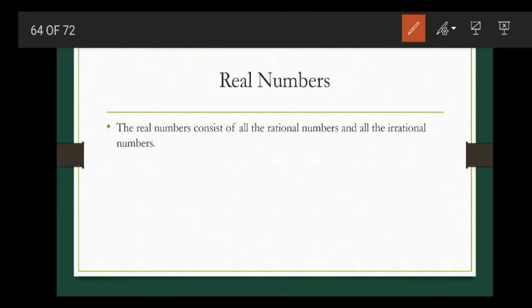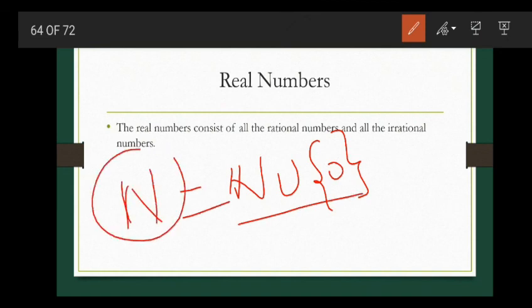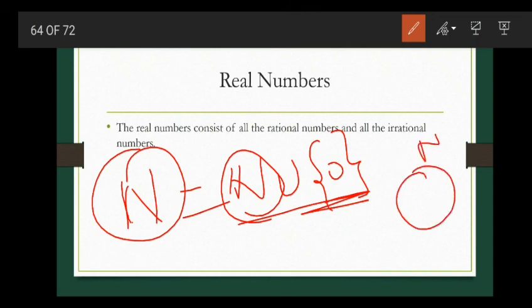All these are natural numbers, and we'll represent them by N. When you union the singleton 0 with natural numbers, you get whole numbers, W. This is a superset of natural numbers, having one extra element. So whole numbers are a superset of natural numbers, or natural numbers are a subset of whole numbers.